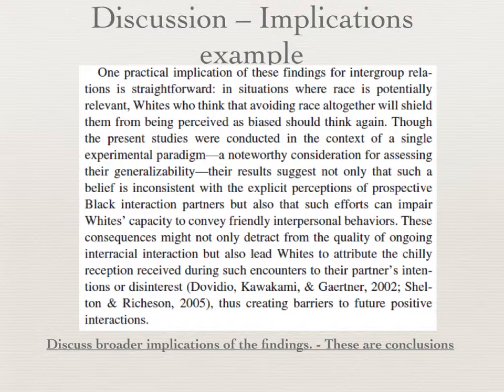In situations where race is potentially relevant, whites who think that avoiding race altogether will shield them from being perceived as biased should think again. Clearly, that's a very relevant finding that has very relevant implications, okay? In fact, there are various societies and groups of people that really should read this stuff. So again, they'll give us these implications of what this research really is, saying, okay, this is what we found, and we supported our hypothesis, but this is what this could be used for.